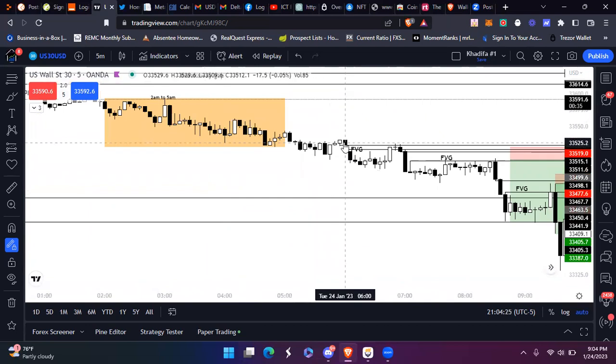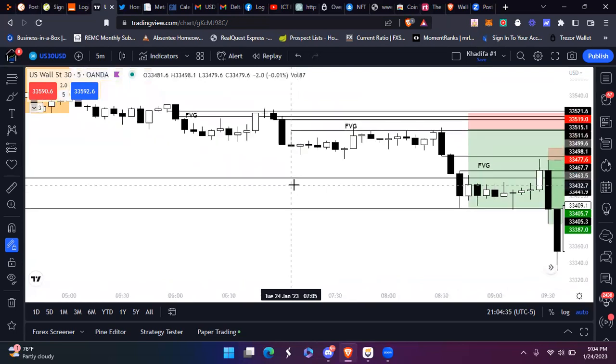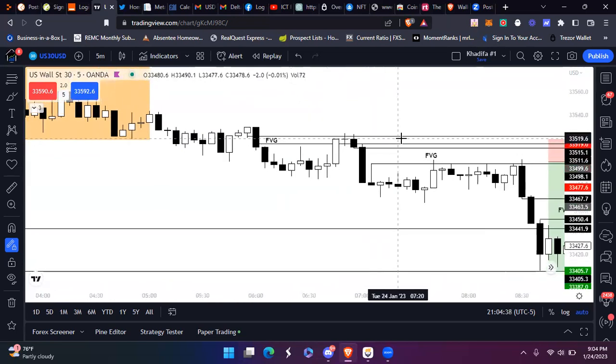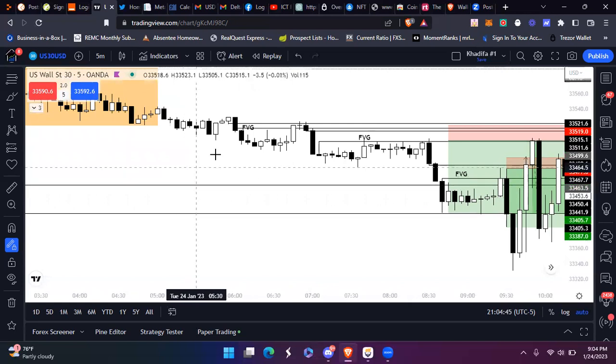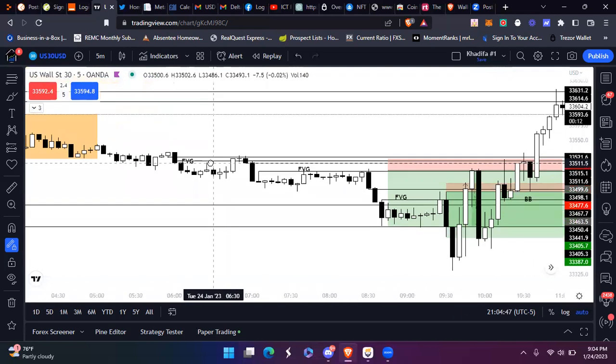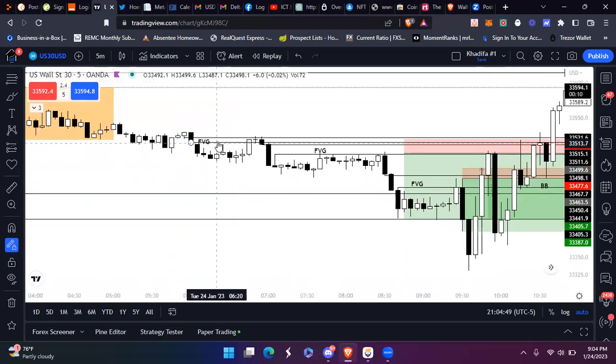When we see that bearish reaction to the London range and we see price break down below it, we look to see if a fair value gap was created within that move, and it was. You can see it here. We look to play off of that fair value gap once price swings back up into those levels.